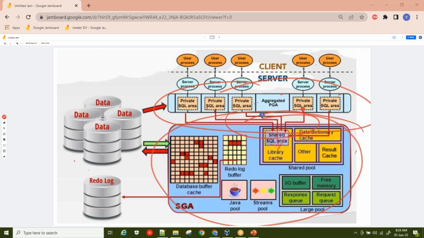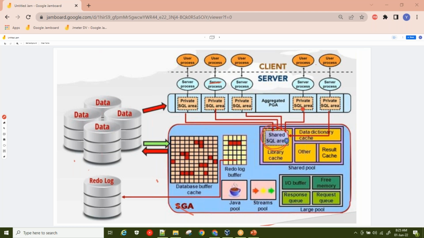So first it will go to the shared SQL area. Inside SGA there is a shared pool, right? Inside shared pool there is a shared SQL area. So this is the area which I'm talking about. Now this batch will enter the shared SQL area.